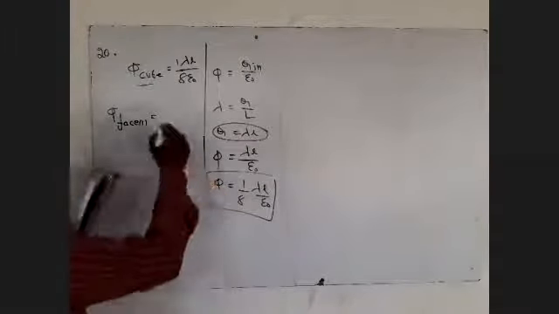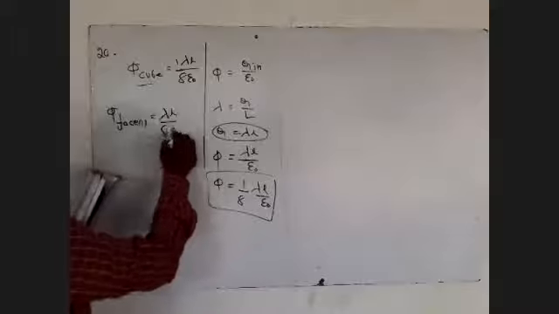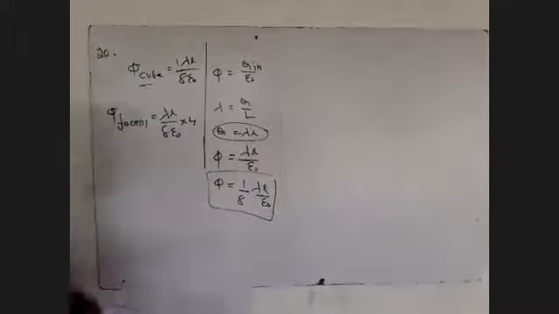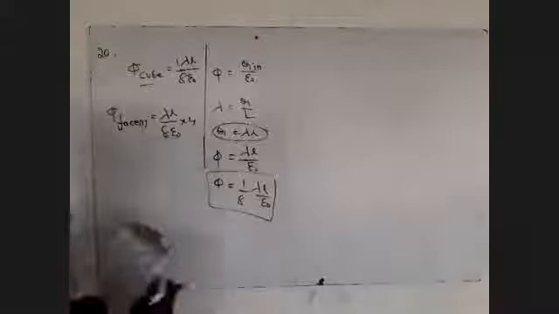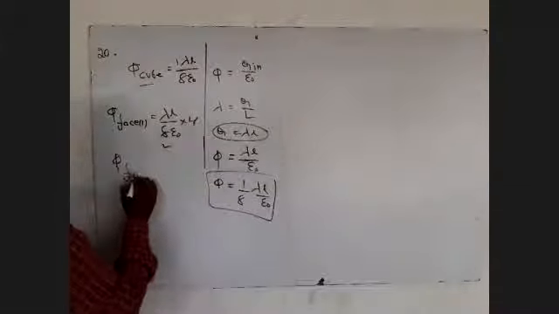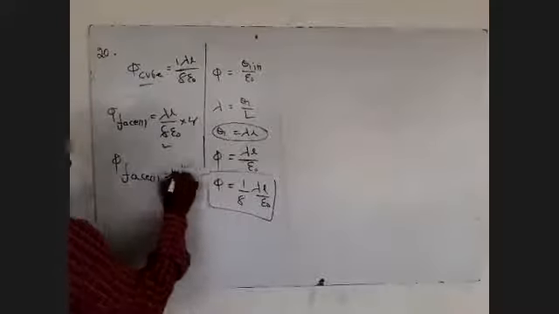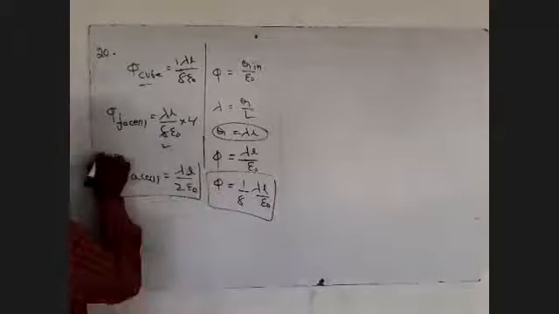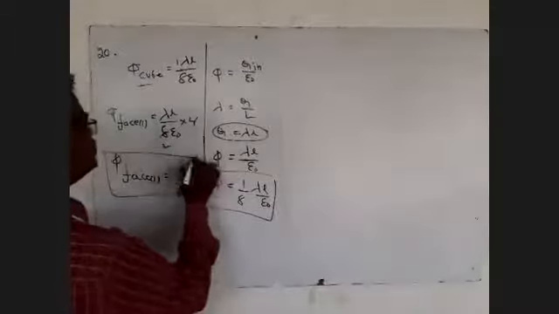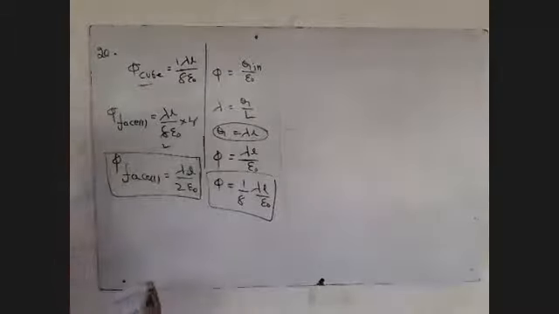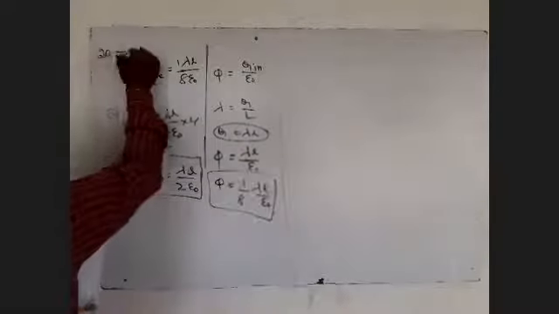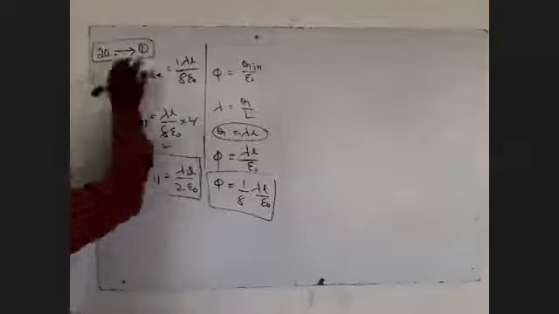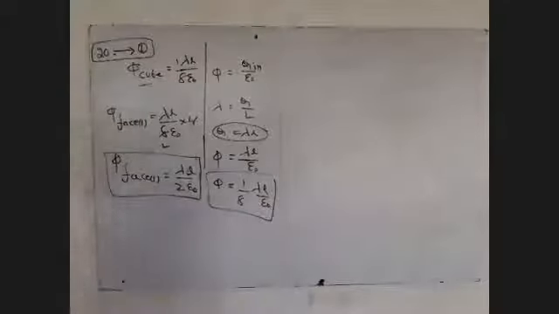We are taking 4 phases, so the flux is lambda L by epsilon naught into 4, which gives lambda L by 2 epsilon naught. This is your answer. So question number 20, the first option is the correct answer.